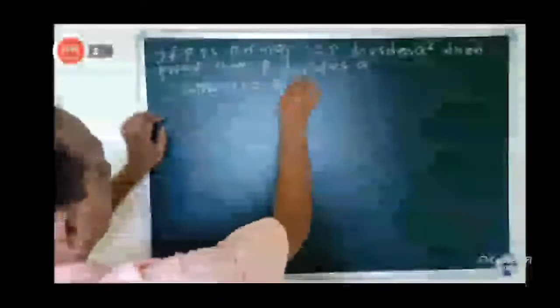Suppose a equals any number p1, p2, p3 up to pn. That means a equals p1 into p2 into p3 up to pn.